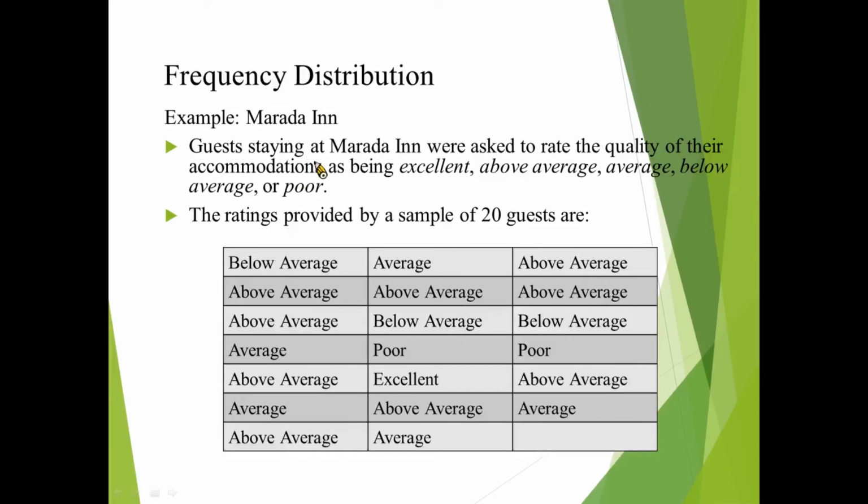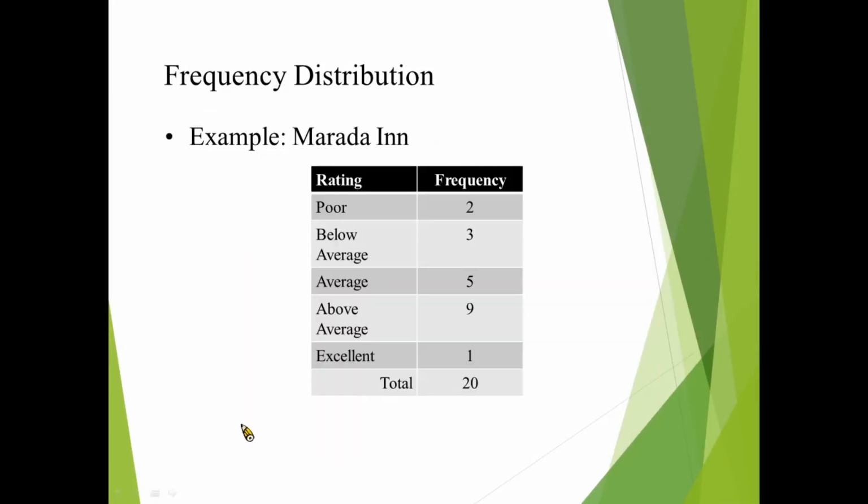They have different ranks: excellent, above average, average, below average, and poor. There are 20 guests, and they collect the data. The 20 guests give the ranking. So you can see the table. Okay, and this is the frequency distribution.